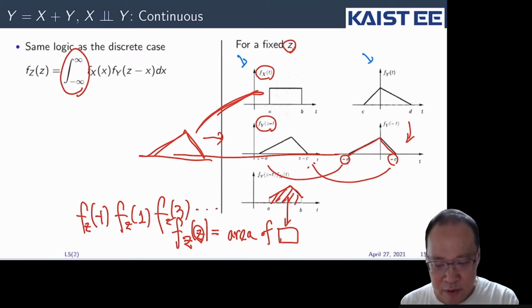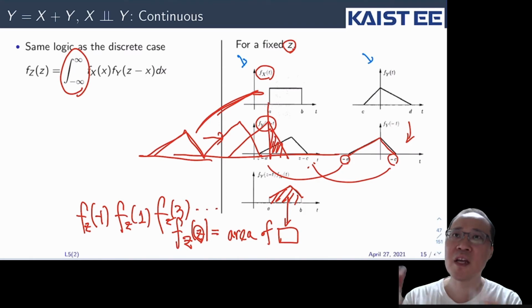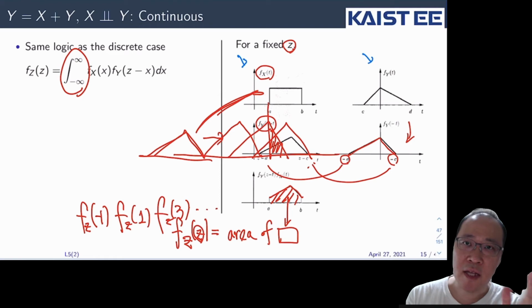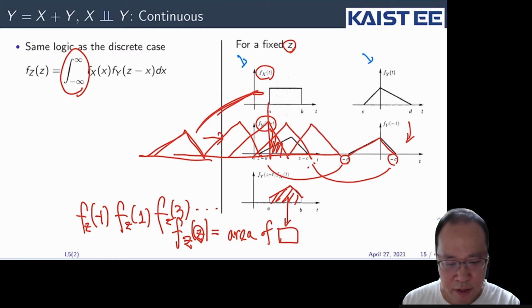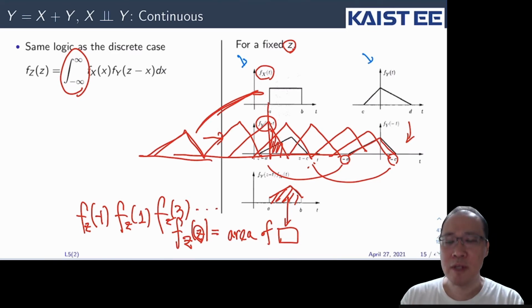But we move here into like this and this. Oh, now we have some overlap. Okay, compute the area. Then it becomes the PDF value of the corresponding z. Okay, move here, do the multiplication, and compute the area. Move here, and move here. That's what we are doing. That's what the convolution is.